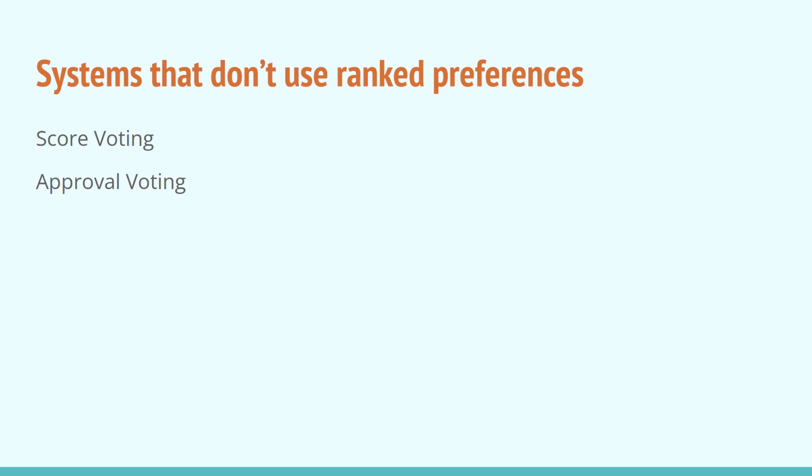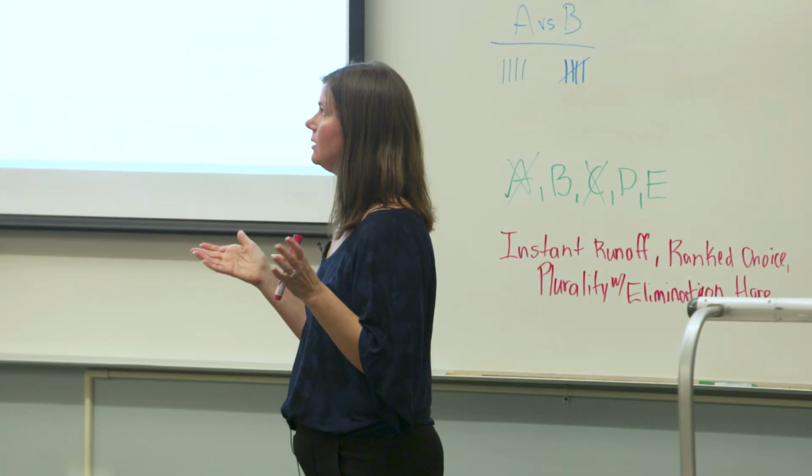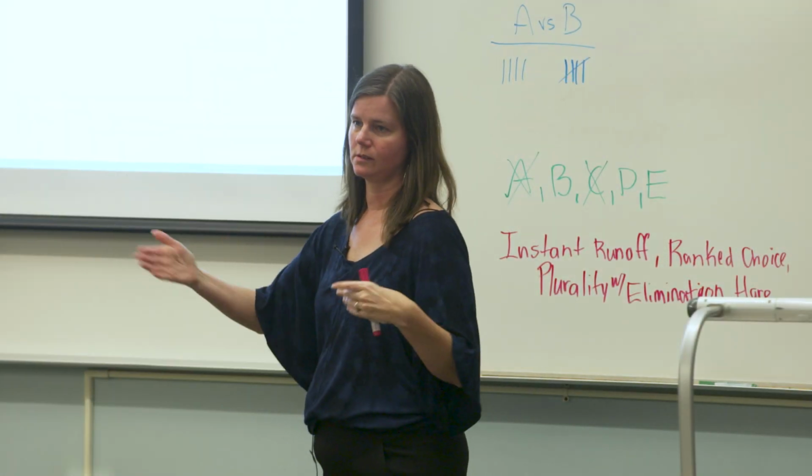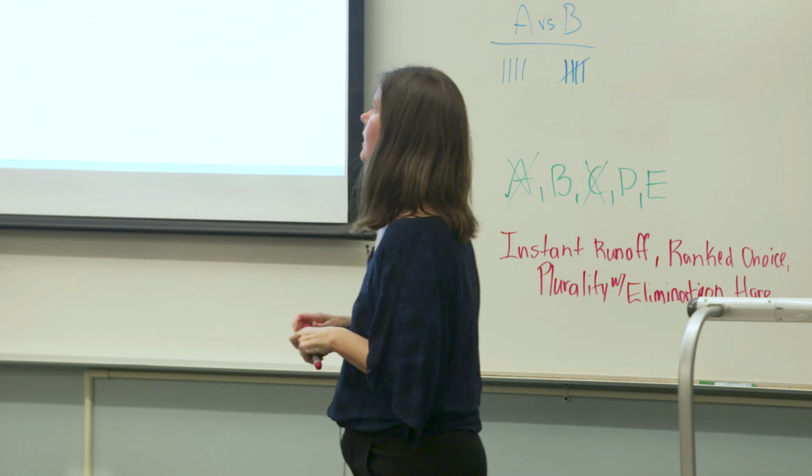So in score voting, for example, maybe you're given 10 points and you can distribute those 10 points however you want to the candidates. So if you have one candidate that you really like, you're going to give them all 10 points and everyone else 0. If you're kind of neutral about all of them, maybe you give 2 points to 5 candidates, right?